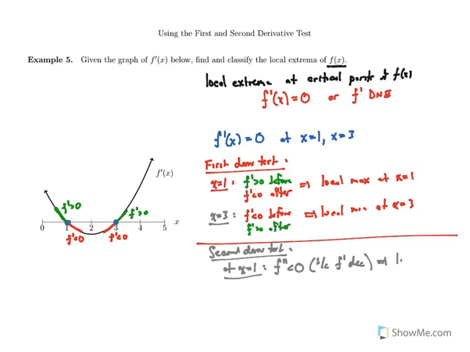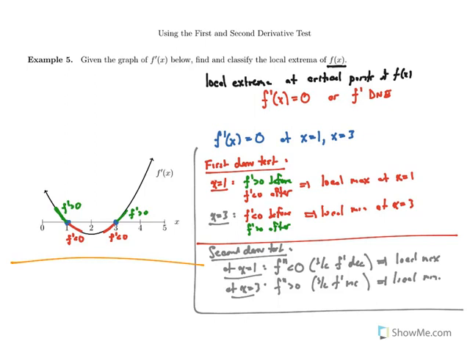And that would mean that we have a local max at that point. That matches what we have. And at x equals 3, the second derivative is positive, because f prime is increasing at that point. And that would mean that we have a local min, and that matches what we found before.